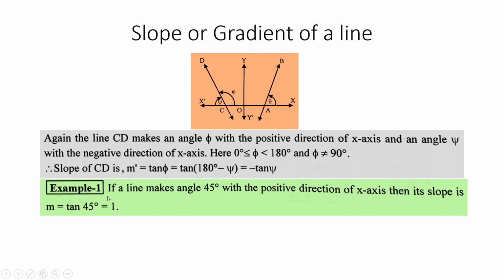For example, if a line makes an angle of 45 degrees with the positive direction of the x-axis, then its slope is m = tan theta, that means tan 45 degrees = 1.